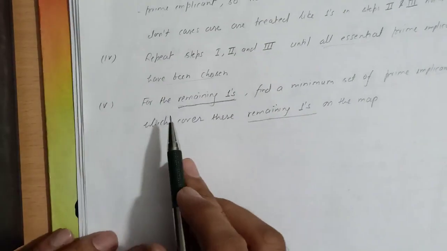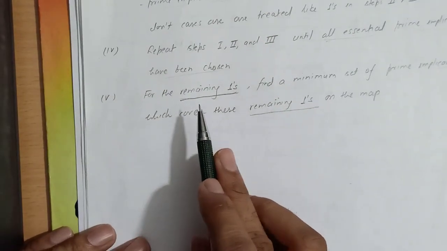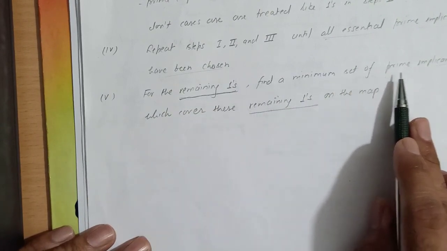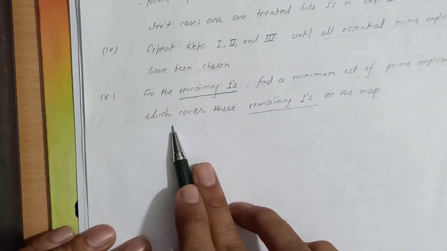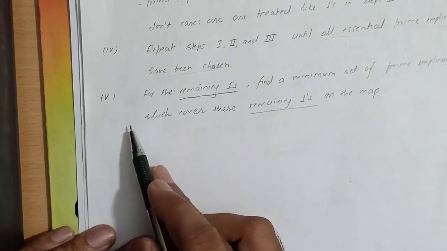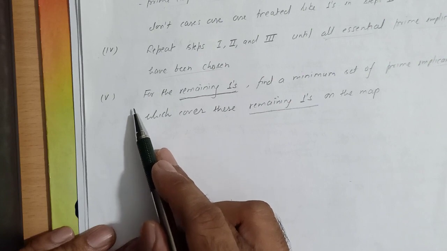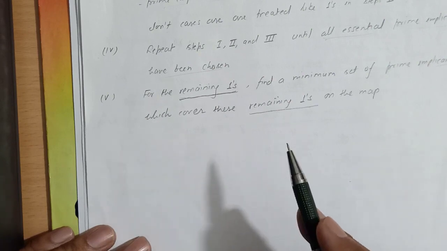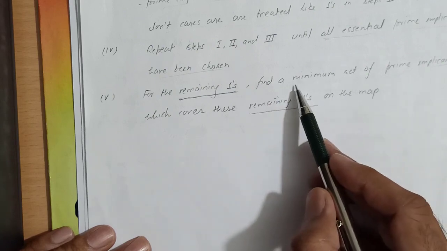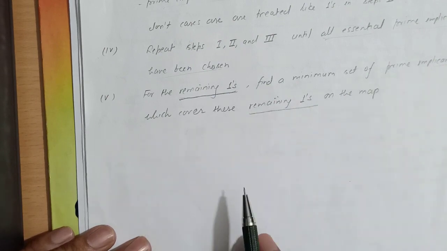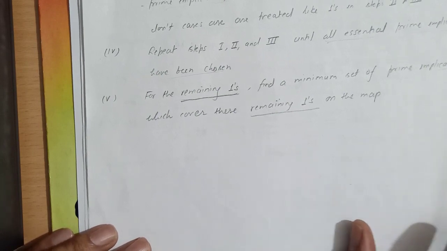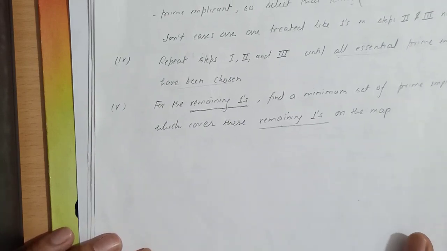Also, in the last step, we are stating that for the remaining ones we have to find the minimum set of prime implicants that cover the remaining ones. So also in this step, there is no certainty. You will find the prime implicants for the remaining ones, and then you will select the minimum set of prime implicants that will cover the remaining ones. We will try a few examples based on these previously studied concepts.